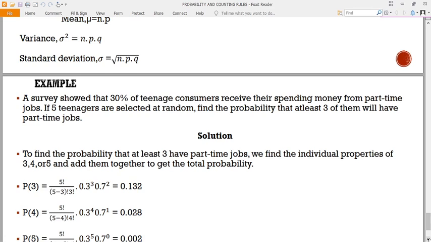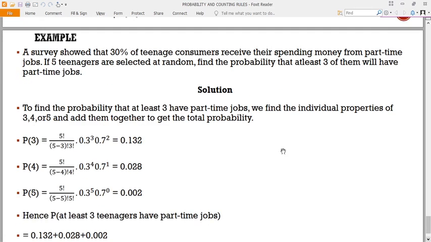So therefore, we get the individual probabilities. I'm going to start with when x is 3. So x is that element of interest. So when x is 3, remember our n is 5, our x is 3. These are factorial signs. What this sign means, for 3, I'm going to multiply 3 by the digits below 3.